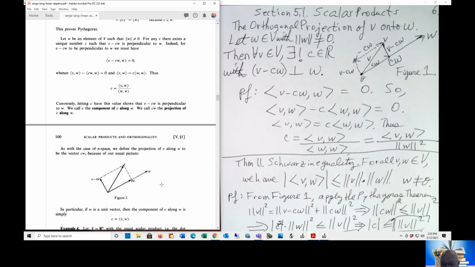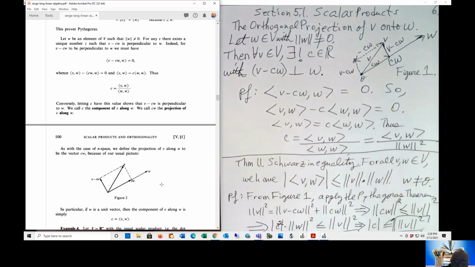Add the second term to the right side and turn it around. So our scalar c is the inner product of v with w divided by the inner product of w with w. So the scalar product of w with w can also be written as the norm squared. And I like to write it as the norm squared sometimes.